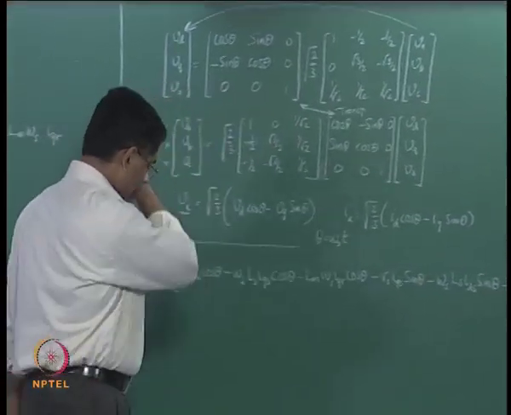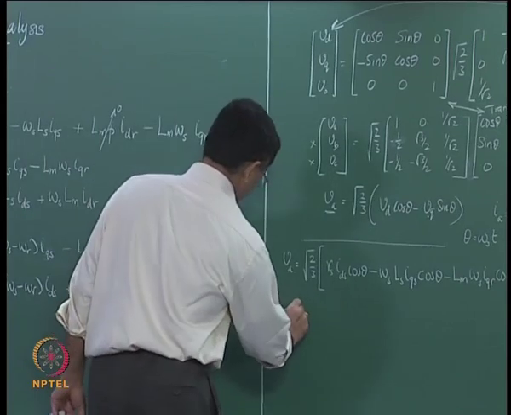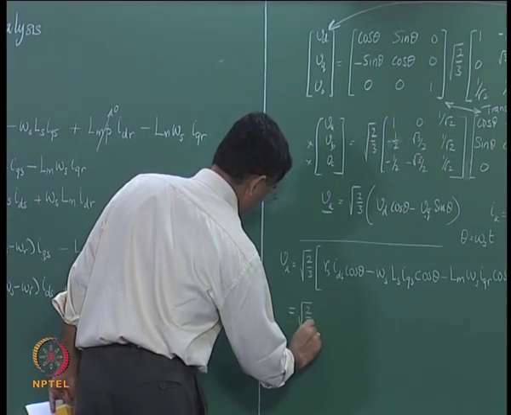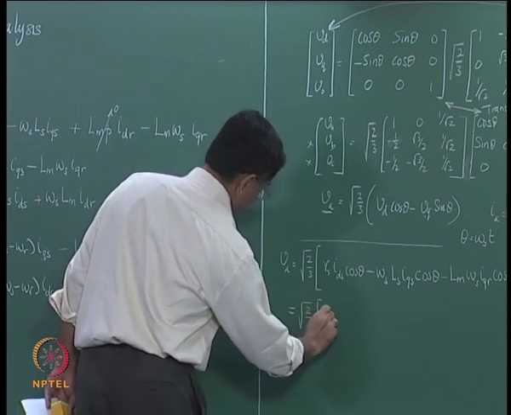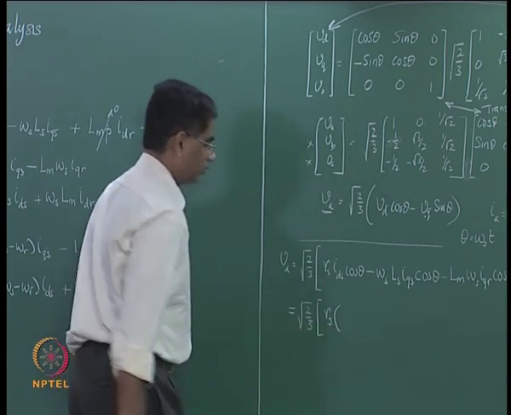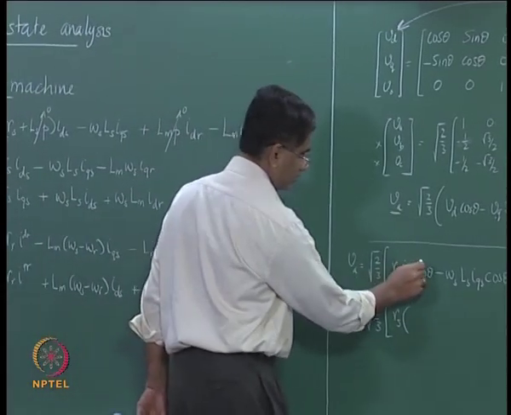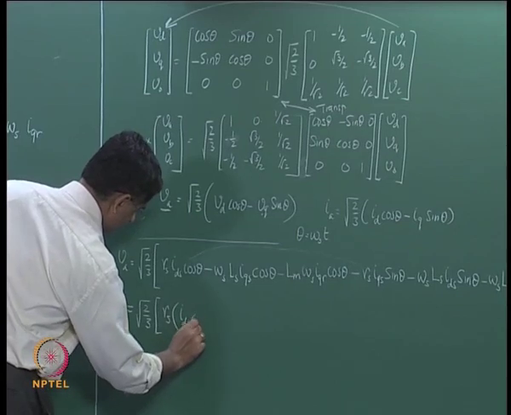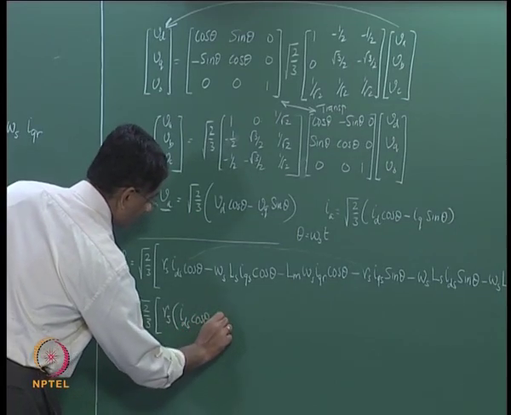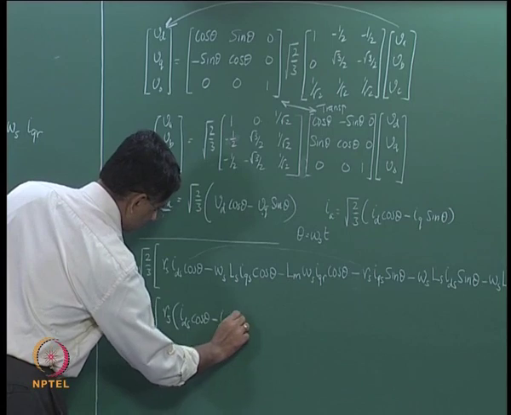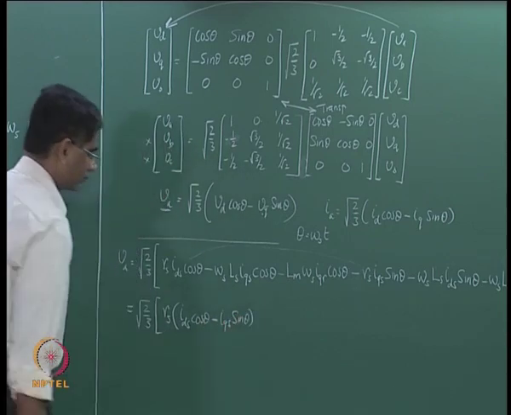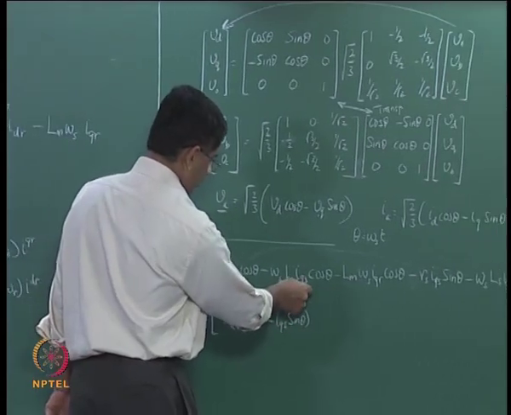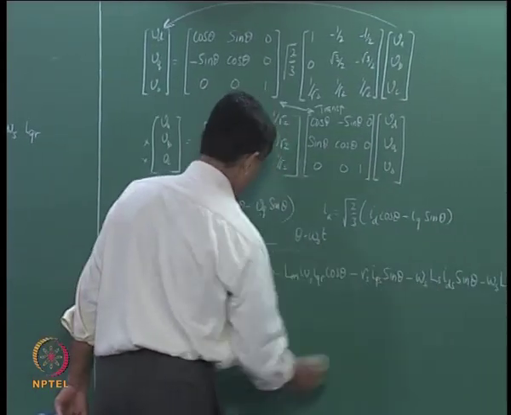So, that is the expression we have, which can then be simplified as root 2 by 3 into Rs into, we combine these two terms. So, that is Ids cos theta minus Iqs sin theta, and then we combine these two omega s Ls terms.